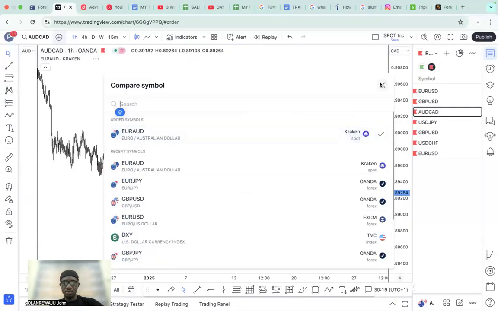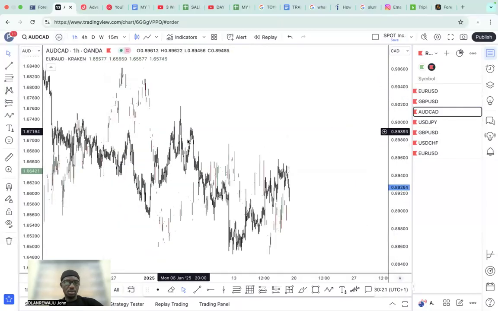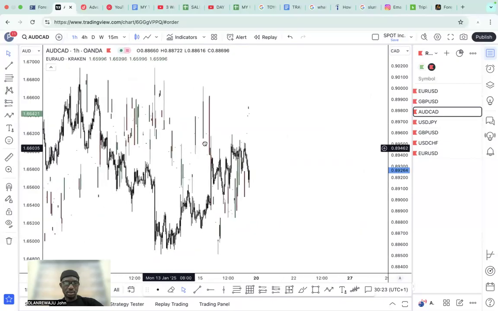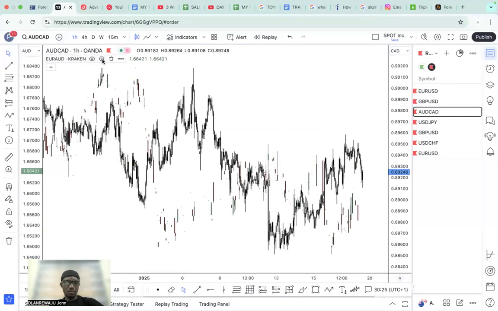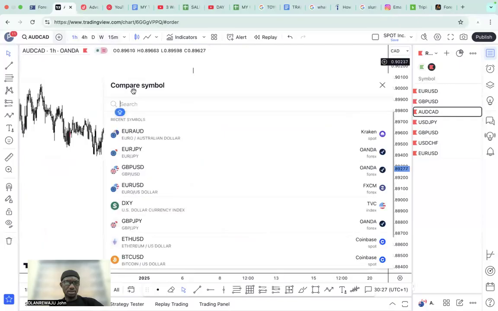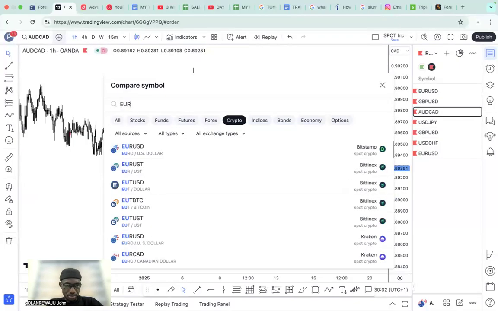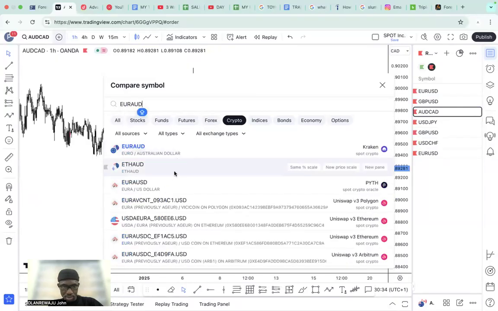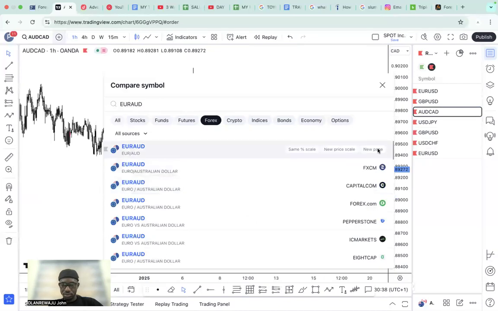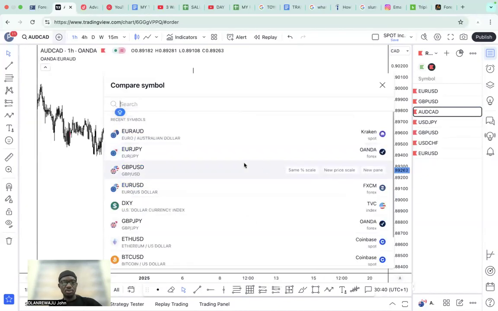New price scale. There's no Euro AUD aside from EUR AUD. Oh, crypto, sorry. Euro AUD. New price scale.